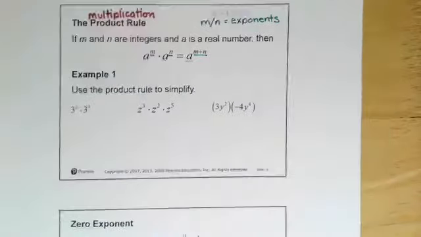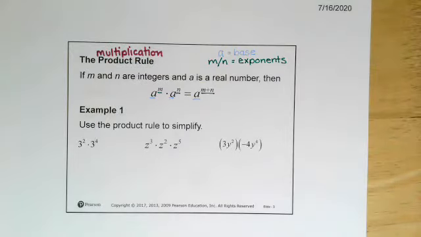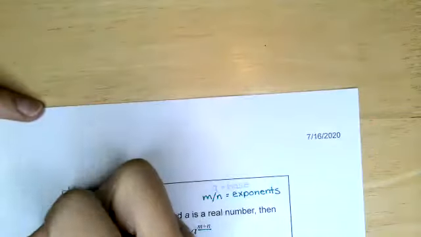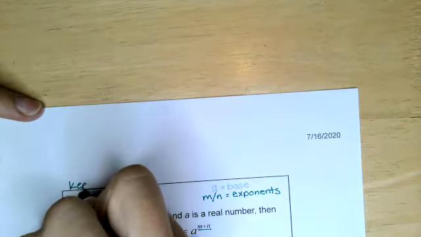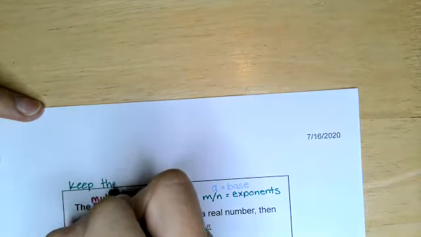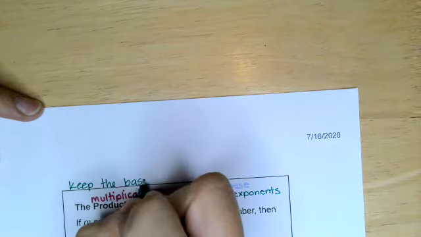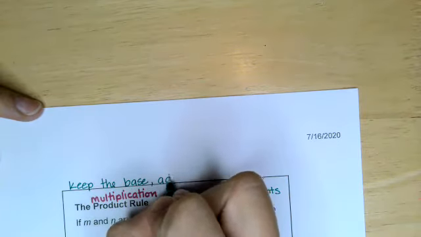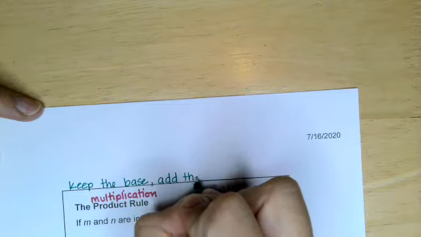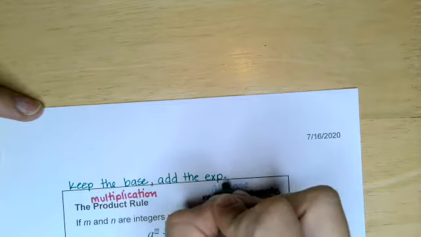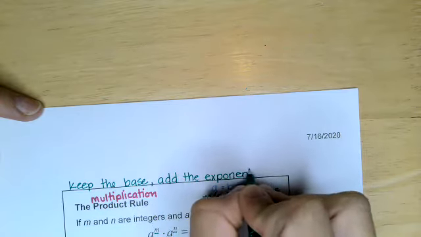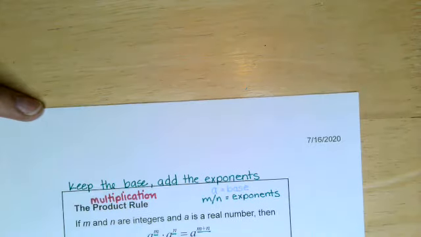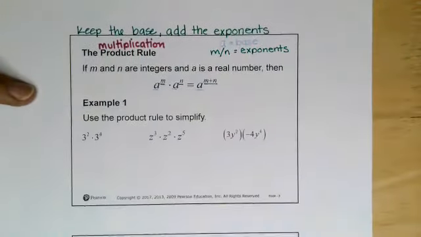you keep the base and add the exponents. Okay, let's write that down. So for multiplication, keep the base and add the exponents. All right, that's our rule. Keep the base, add the exponents.